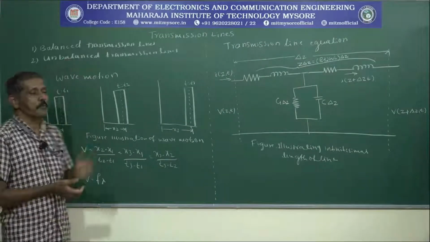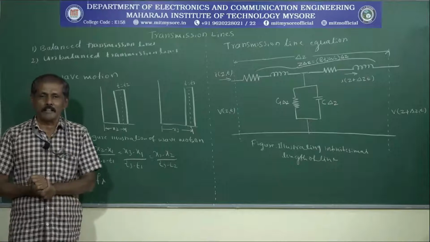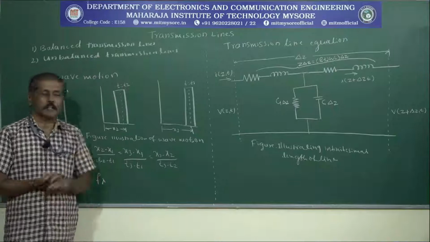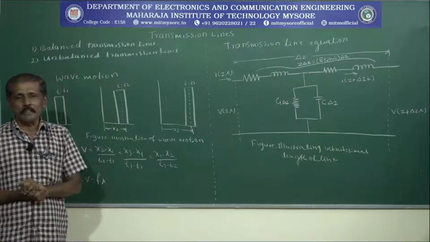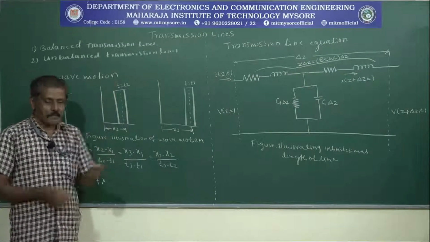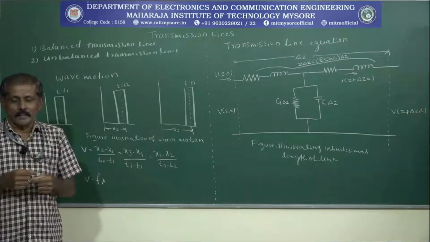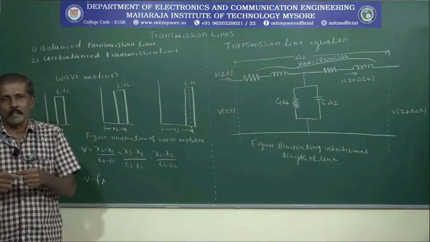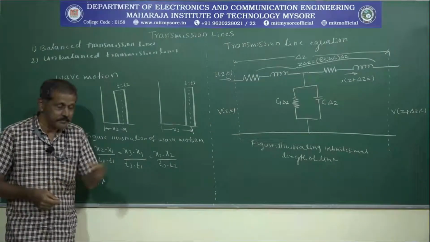Whereas in the unbalanced transmission lines, examples are coaxial cables and waveguides. In coaxial cables, we have a center conductor, then an insulating material, and once again a conducting material.